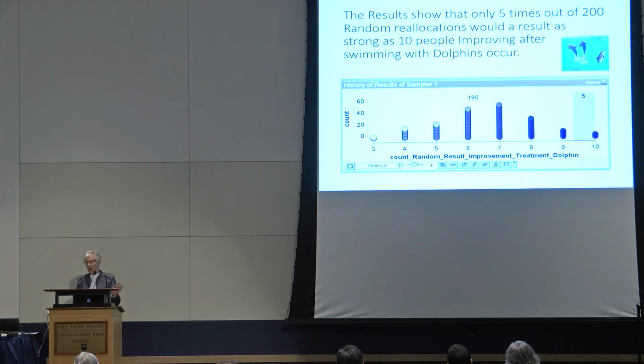Oh, it was 10, sorry. It was 10 that had improved. I'm getting confused. There were 10 that had improved, hadn't they? The 7 that had come up in my sample, I was getting confused about. Right, there were 5 times out of 200 that a result as strong as 10 people improving would occur by chance. And then they each did this. So they got different values, and again, they have to write up what they're doing about that.